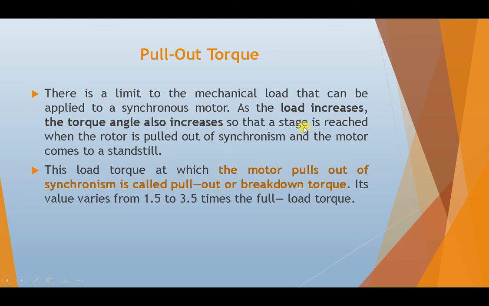A stage is reached when the rotor is pulled out of synchronism and the motor comes to a standstill. The maximum torque at which the motor pulls out of synchronism is called pull-out or breakdown torque. Its value varies from 1.5 to 3.5 times the full load torque.